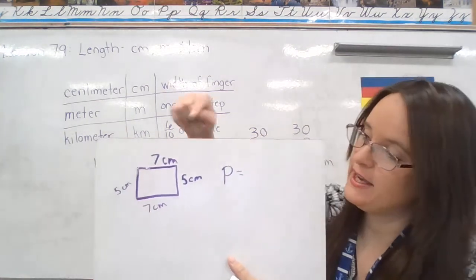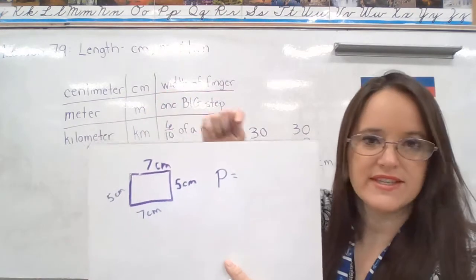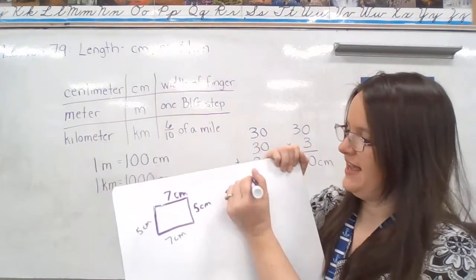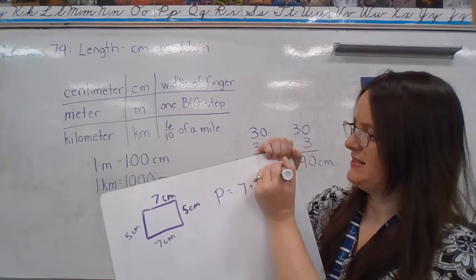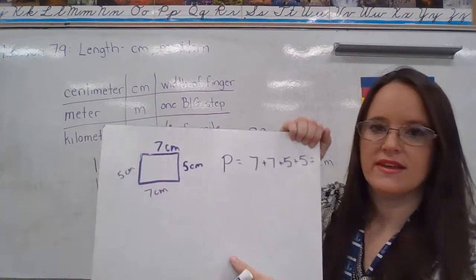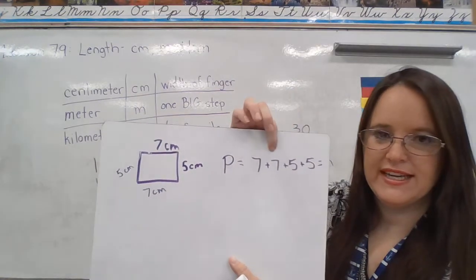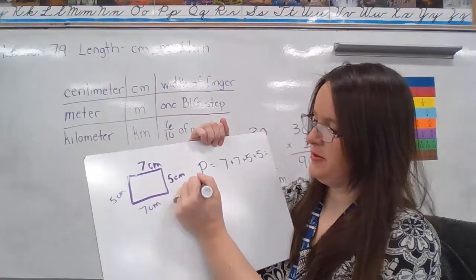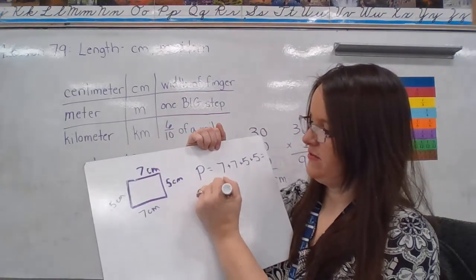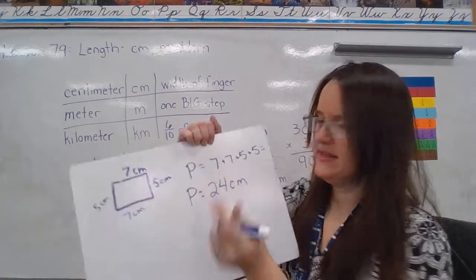We have to add up all 4 of the sides. So we are going to add 7 plus 7 plus 5 plus 5. Here I've got 14 plus 10. So that's going to be a perimeter of 24 centimeters.